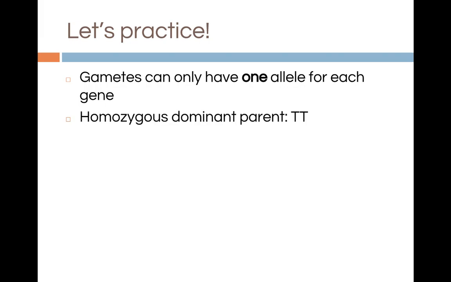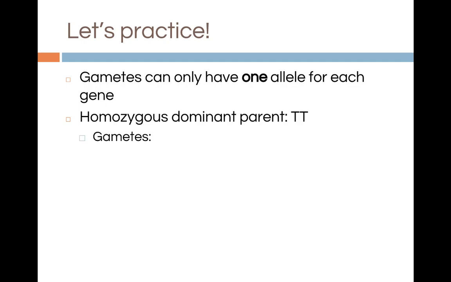So let's say we have a parent that, remember, they have two parents, so their genotype is big T, big T. And let's say it's tall, right? So this parent's going to be tall, but they're homozygous dominant for that gene.